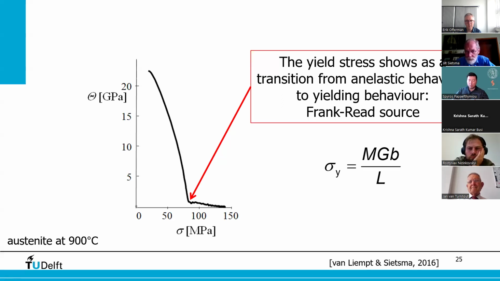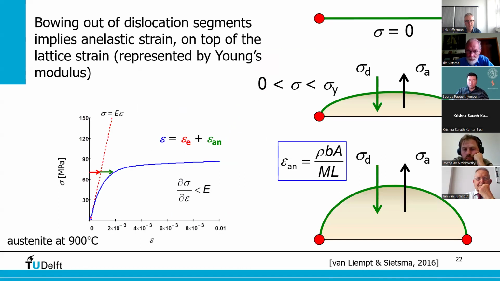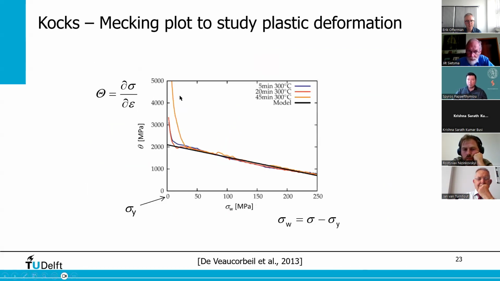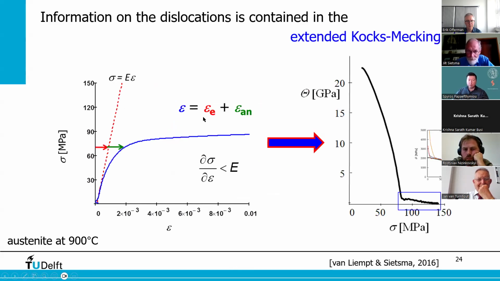And that is a sort of physical concept and not determined by 0.2% or by 0.1%, but really a point at which the behavior of the metal changes from pre-yield to plastic deformation. And it can be identified in this extended Cox-Mecking plot. And you see it also here in this curve. They have the same behavior here. They just didn't pay attention to it.